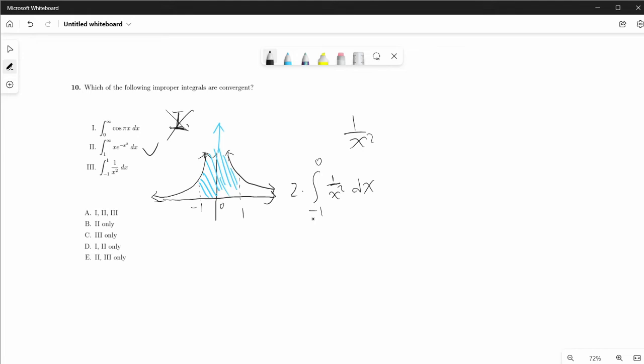I'm just going to do that. In this case, I need to take the limit of b approaching 0 from the negative side, and then solve the integral.